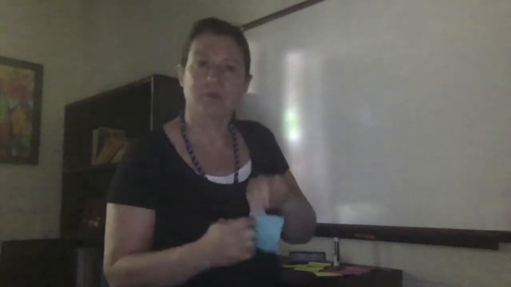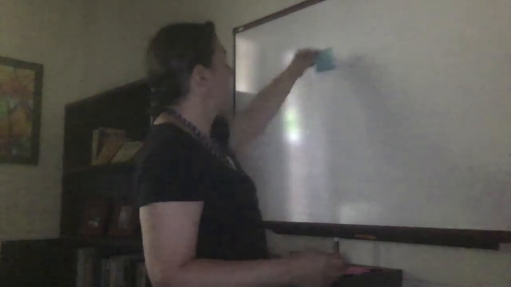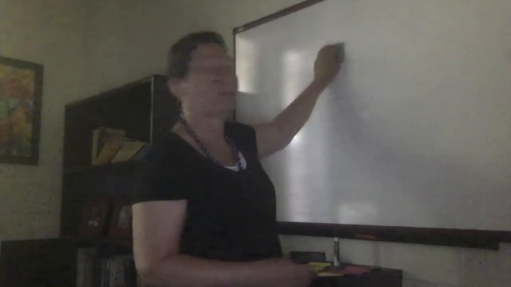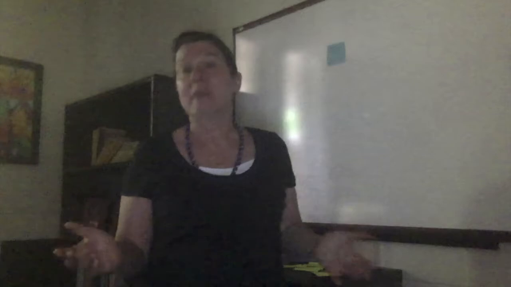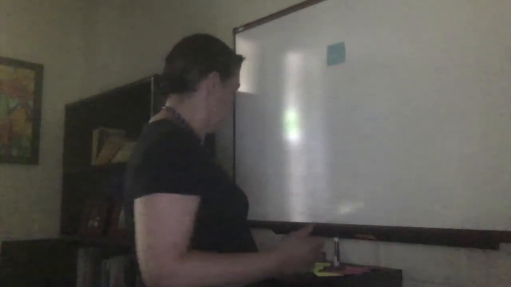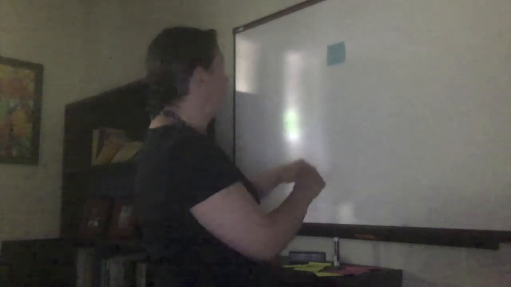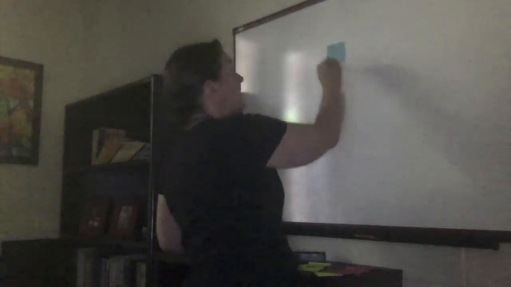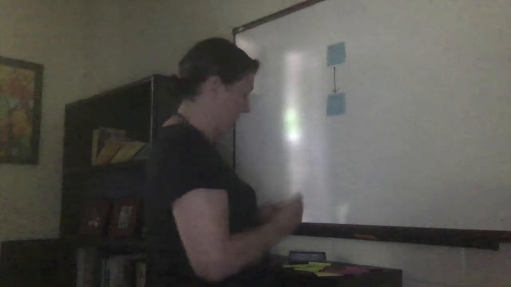Take your Post-it, put a few words on, and then put it on the side of your board. You might need more than one scene to set up the story. And so if that's the case, you just put another Post-it there. And I'm going to connect them with an arrow to indicate the flow of the story.